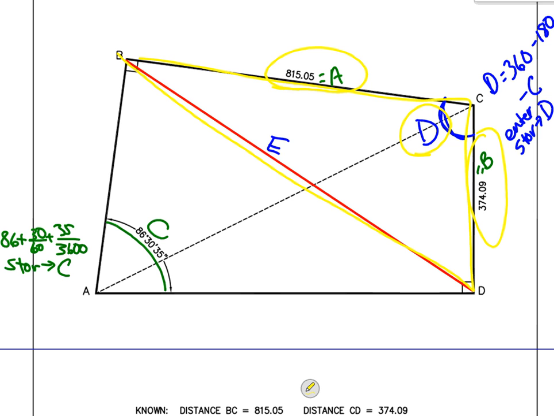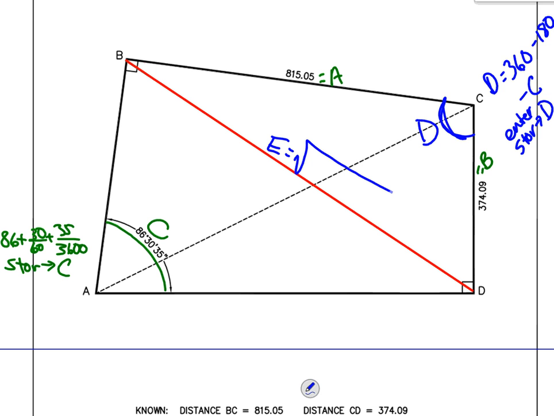So I can go directly to finding E, and on my calculator, I would just type in big square root, and it's going to be alpha A squared plus alpha B squared minus 2 alpha A alpha B cosine alpha D.